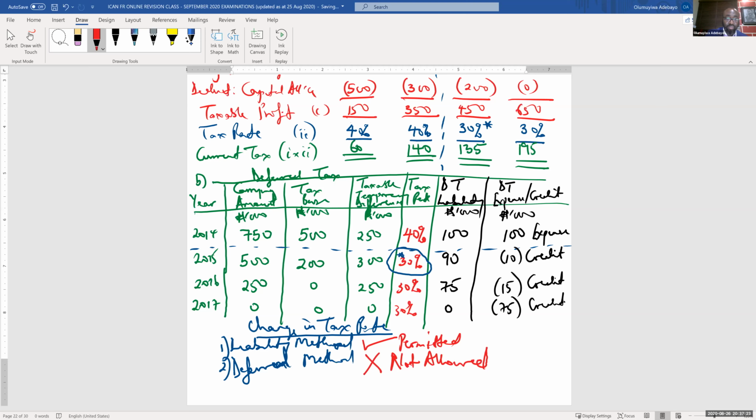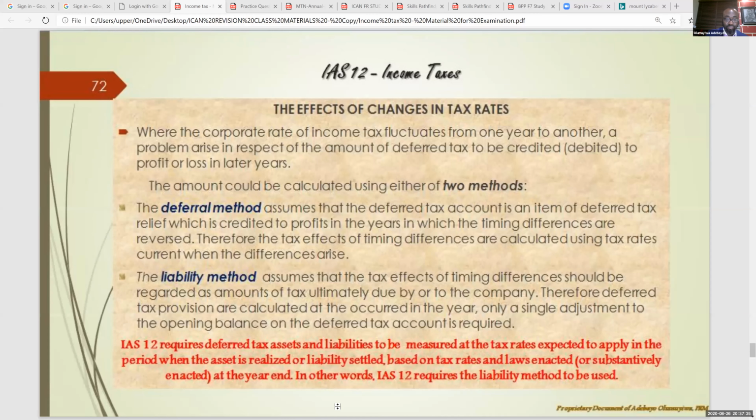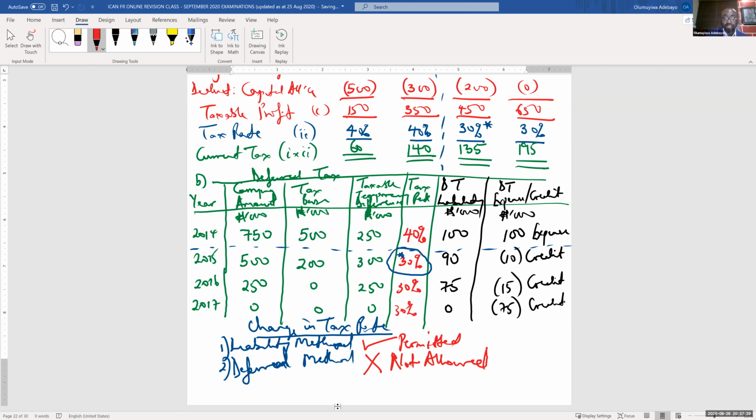now let's go back to our presentation and let us talk about the impact of discounting in computation of deferred tax.